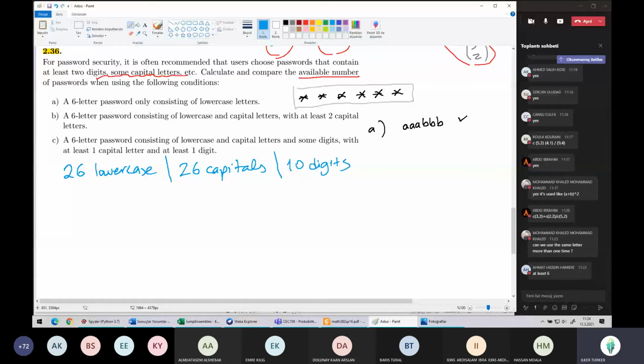We only need these numbers. Let's start with part A. A 6-letter password only consisting of lowercase letters. You can use a letter twice, 3 times, 4 times, etc. You are free. So you will only use lowercase letters for a 6-character password. In how many ways?